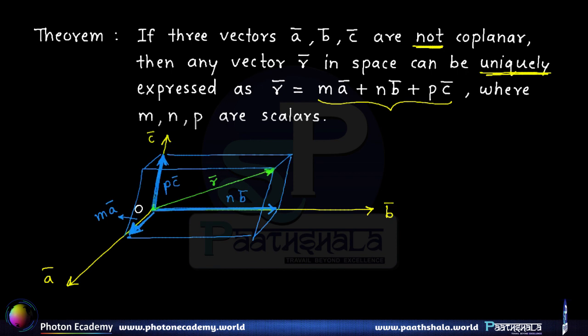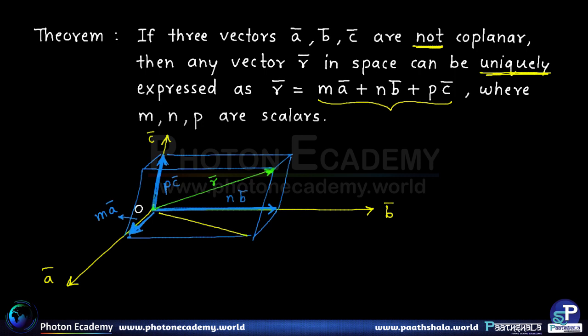And now you see, by vector addition we can easily prove that r bar is nothing but m a bar plus n b bar plus p c bar, because see here, if I join the diagonal of the lower face, that is a base, then clearly m a bar plus n b bar gives us this particular member, right?